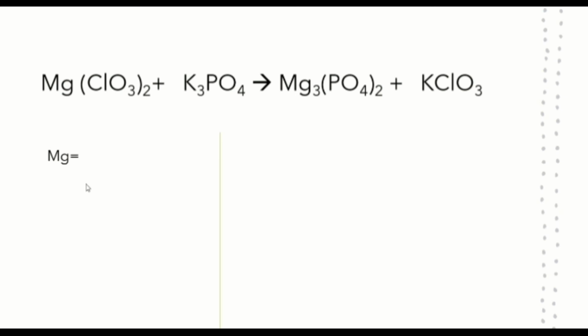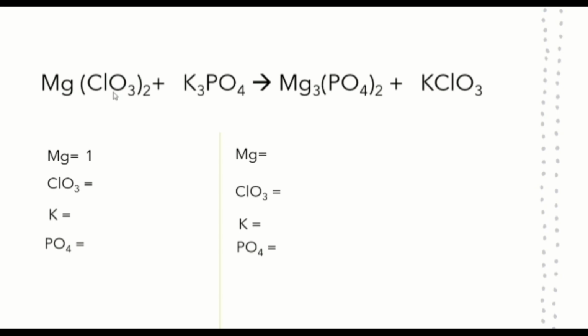So let's list down the elements and polyatomic ion present in this compound. The elements are magnesium, then polyatomic chlorate, potassium, and phosphate. On the product side, magnesium, chlorate, potassium, and phosphate. After that, let's determine the number of atoms. Since you don't see a number below magnesium, it means 1.